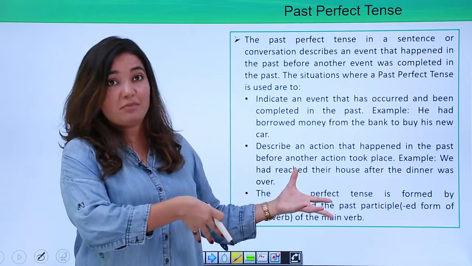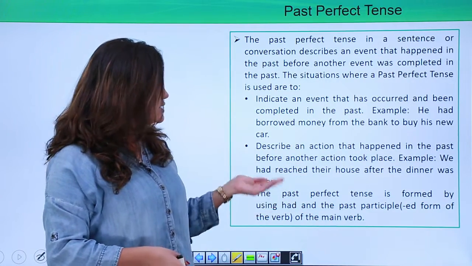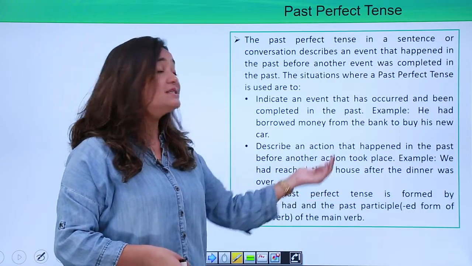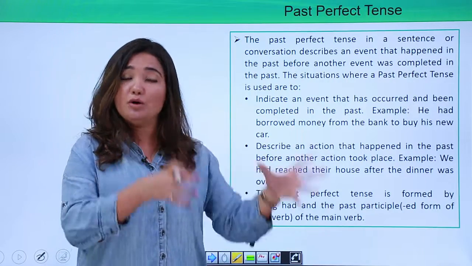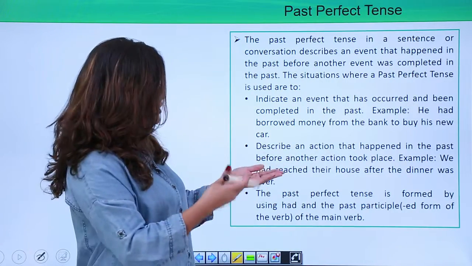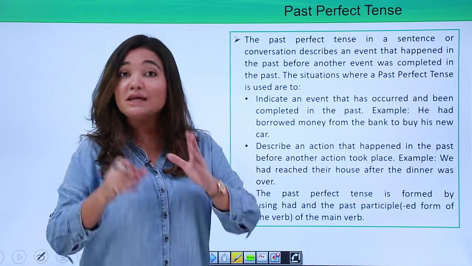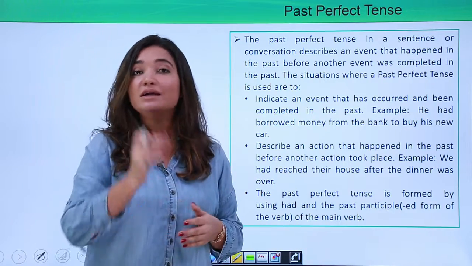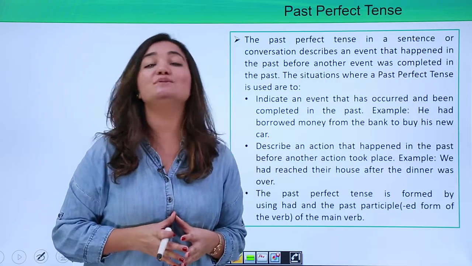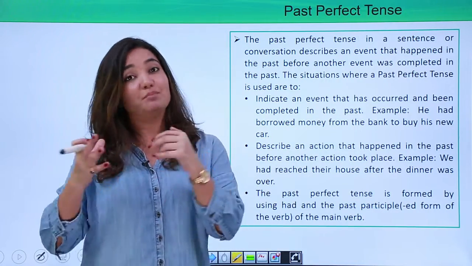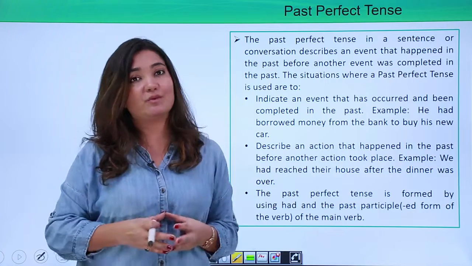If you talk primarily about past tense, past perfect tense is formed by using had and the past participle form, which means the ed form of the verb, right? So, had worked, or for example, had we reached their place, you have the past participle form. But in continuous tense you have the ing form, which means you have the present participle. That is the main punch which helps you identify whether the tense is a perfect form of the past tense or a continuous form of the past tense. Clear?